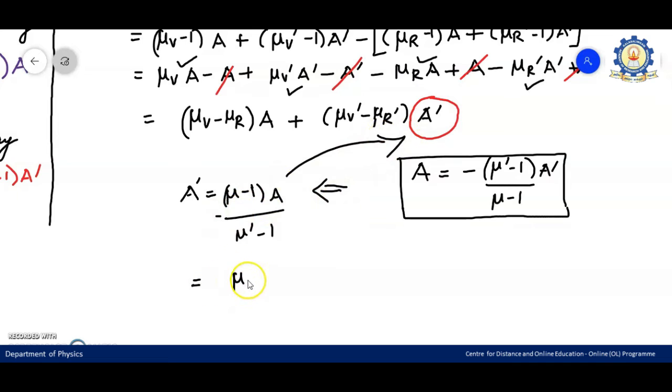So you get mu V minus mu R into A as it is, plus mu V prime minus mu R prime.